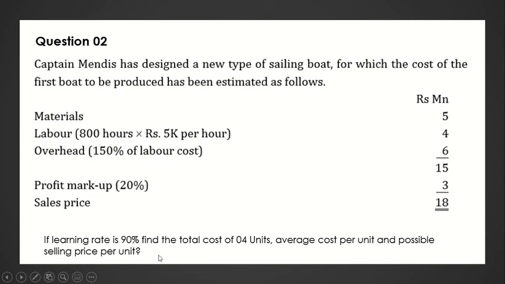So you wanted to know that first boat's cost is 15 million, means if they are producing 4 boats means obviously this average cost should be reduced, which means the current selling price per boat is 18 million, which means if we are producing 4 boats means we can sell our boats for a lesser price than this 18 million.